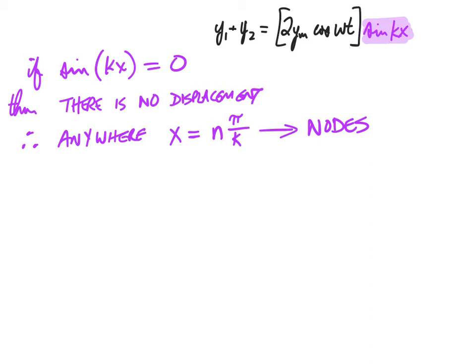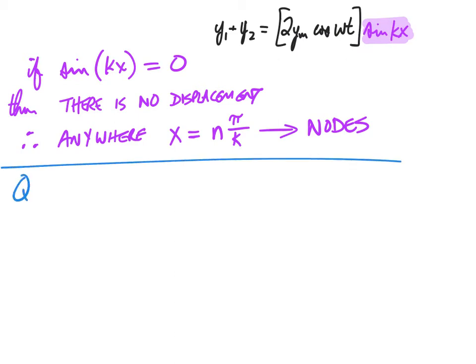We did some basic math to show that those nodes separate half wavelengths. There's always an antinode between any two nodes, and every antinode is associated with the half wavelength and counting them. All right? And k, in this case, is the wave number. It's not the spring constant, even if you're wiggling a spring, okay? It's a wave number, all right? And so we have that. Those are what we call nodes.